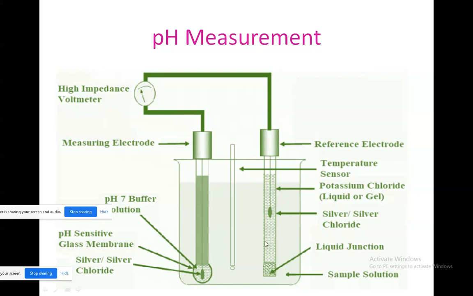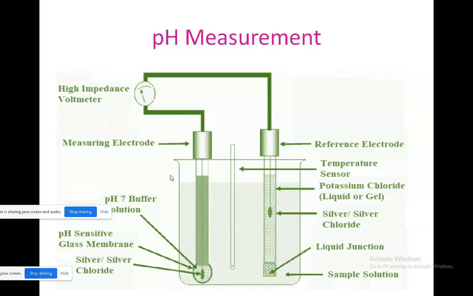This needle is called the reference electrode. In between the reference electrode and the active electrode you have a temperature sensor. The reference electrode and measuring electrode are connected through a high impedance voltmeter. The container is filled with the solution whose pH value is to be measured.